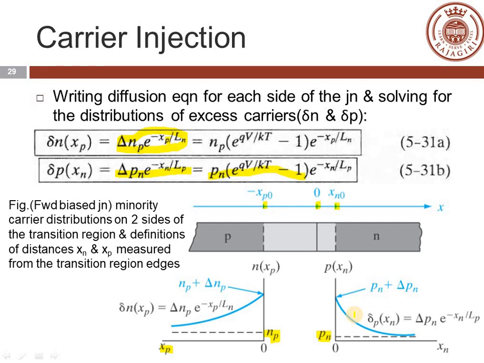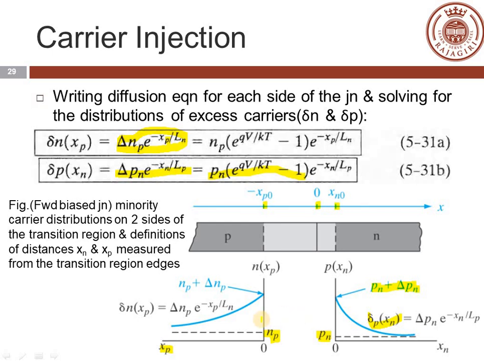Now in the n region, the initial excess hole concentration is capital delta Pn. So your total hole concentration at that point will be pn equilibrium plus the initial excess, pn plus delta pn. But this capital delta Pn will decay over distance. So the instantaneous value will be small p of xn equal to capital delta Pn e to the power minus xn by Lp.